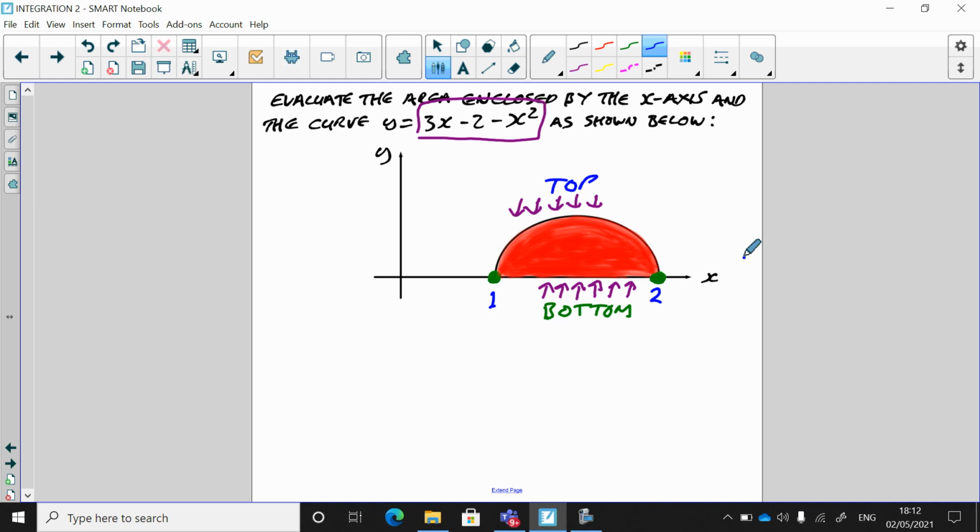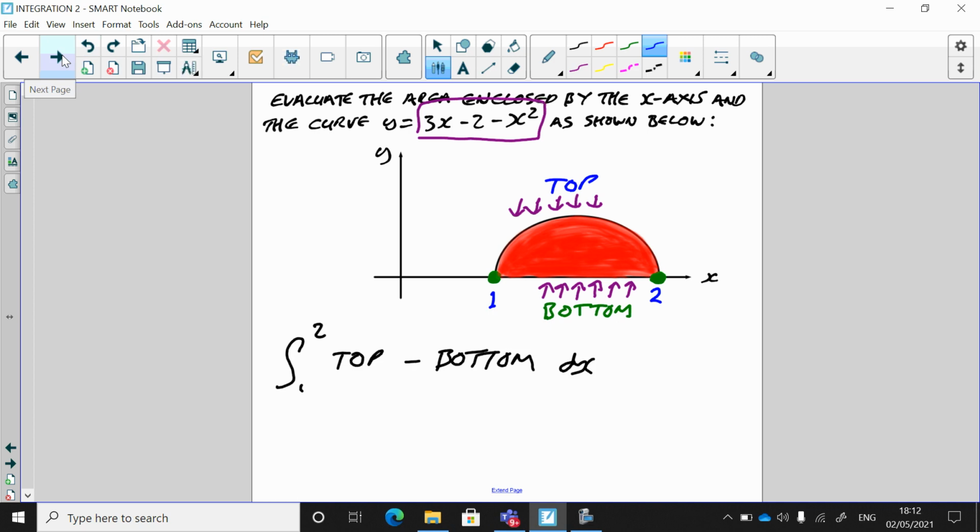Just to make things crystal clear, the x-axis has equation, because it's a horizontal line, y equals 0. That's a definite. So that's why it does make it a wee bit easier.